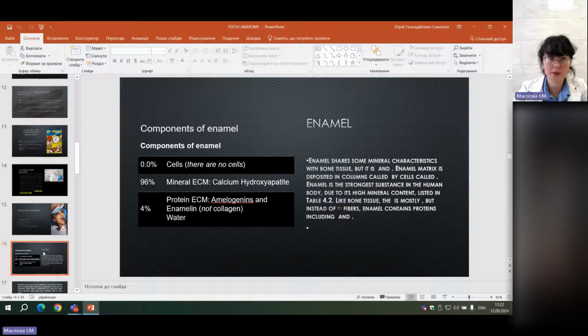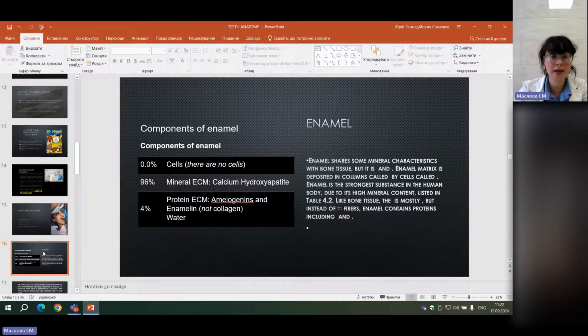Little content of enamel minerals can be, for example, all non-organic compounds which exist in the human body.